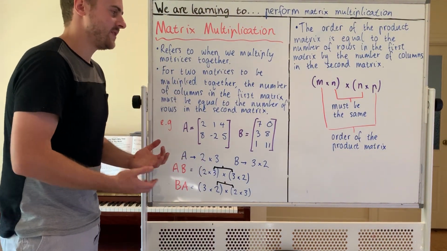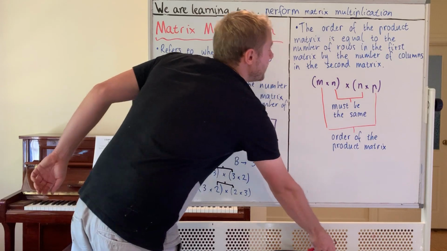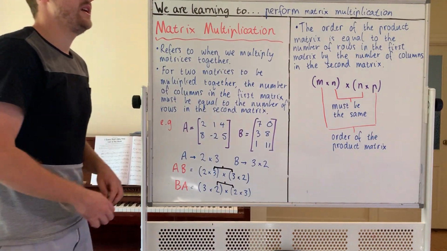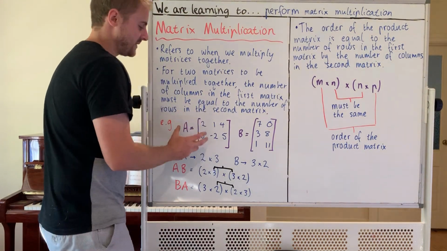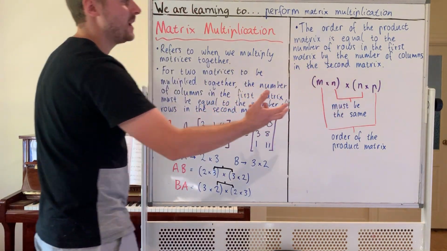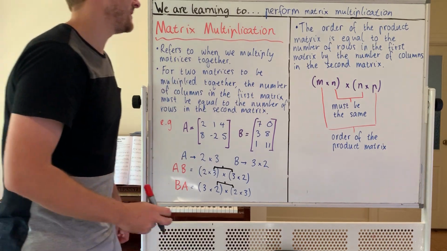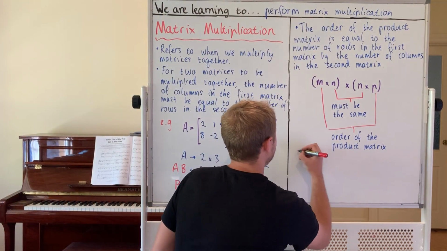So that's the second concept in establishing matrix multiplication. The next part is to actually multiply two matrices together. I just want to go over one more example of proving whether two matrices can be multiplied together and what their final order will be.